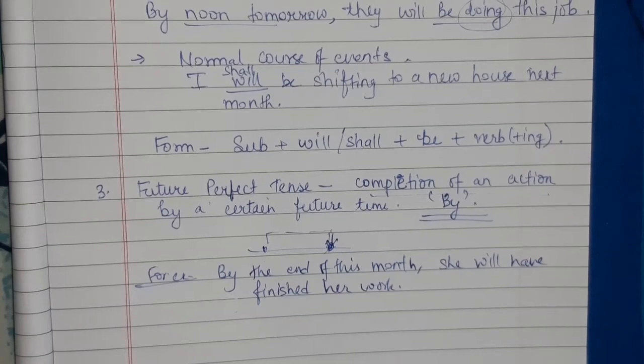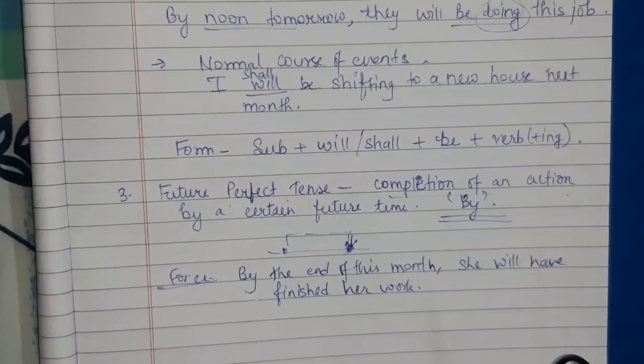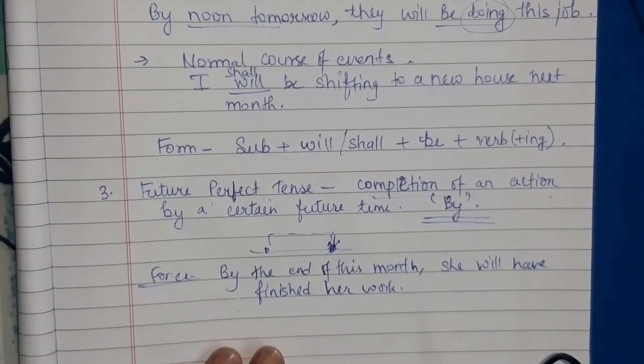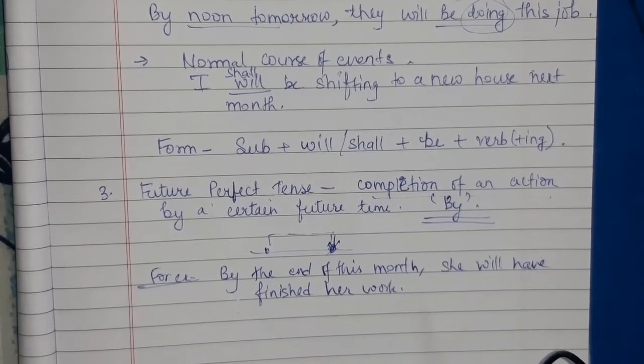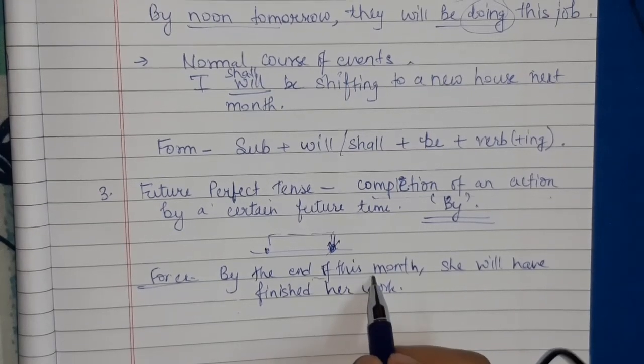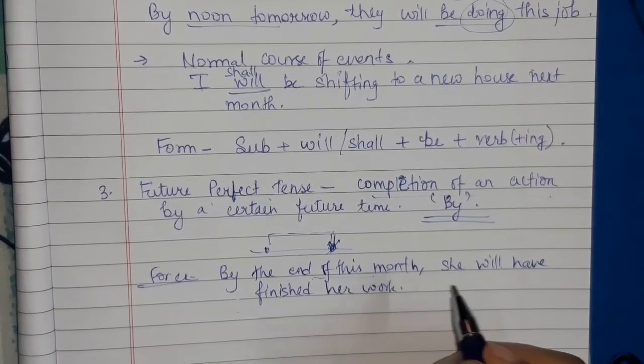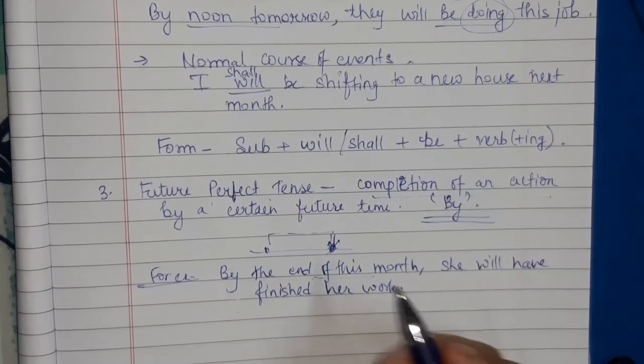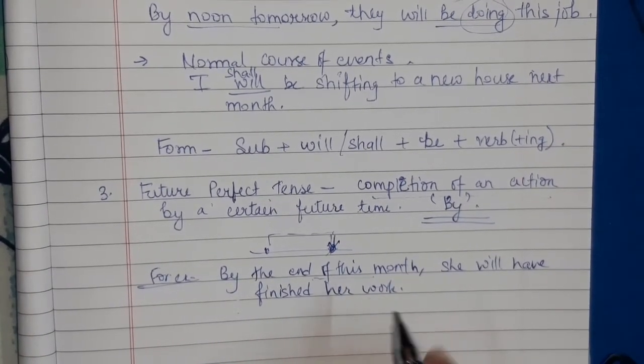You can count the date like that. So that will be the end of the month. By that time she will complete her work. The end of the month is a certain future time, and she will have completed the work by that time. So that is all about future perfect tense.